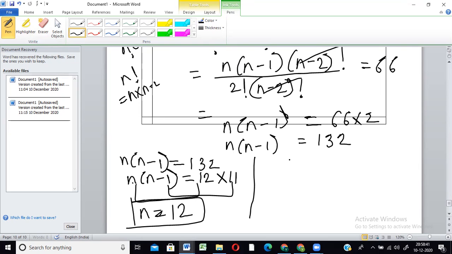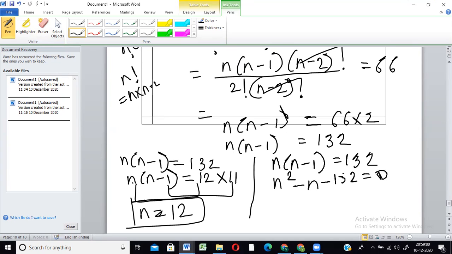But you may feel there is a lot of confusion and you will not be able to solve that equation properly. So at that time, after this step, n into n minus 1 equal to 132, you can use the normal quadratic way: n squared minus n minus 132 is equal to 0. Now how do we do that? Two numbers we have to take in such a way that their product should be minus 132, and on adding they should give us minus 1, the middle term.